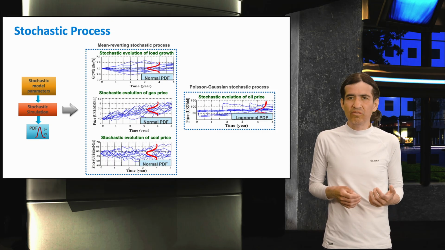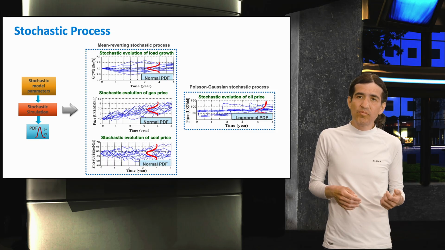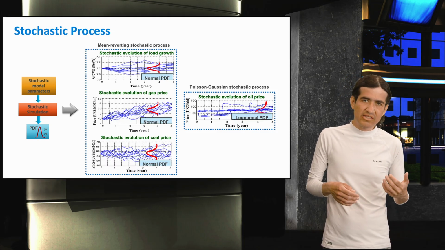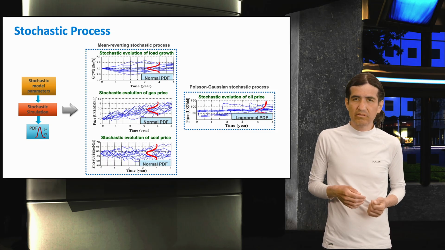Keep in mind, though, the emergence of more and more consumers who produce and sell energy as well, for example, from a solar photovoltaic system. This creates more uncertainty.